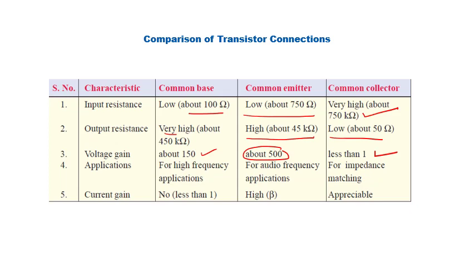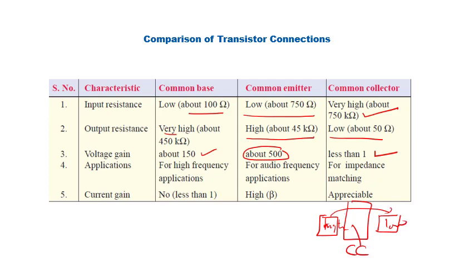When we connect a circuit with very high impedance to a circuit with low impedance, if we use this common collector configuration, we can easily connect a circuit with a high impedance to a region of low impedance. If we want to pass a signal from this part to this part, and in between we connect a common collector circuit, this impedance matching will not be a problem.